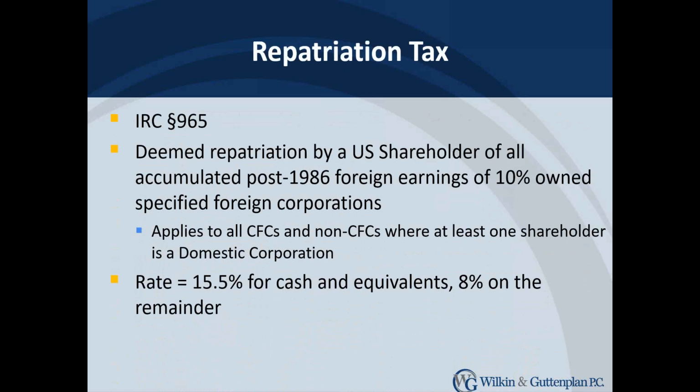If you do the math and you're quick on your feet here, you will notice that to get to the 15.5%, you need a 55% deduction, around 55.7, and in order to get to the 8%, you need about a 77% deduction on that income.